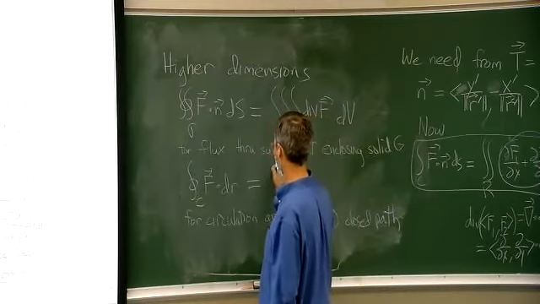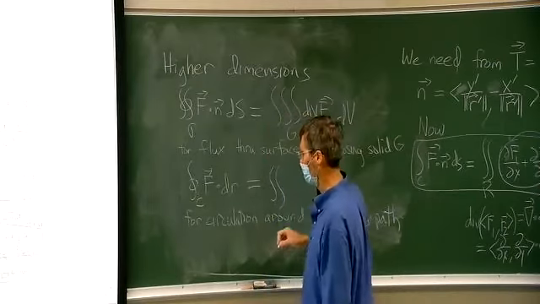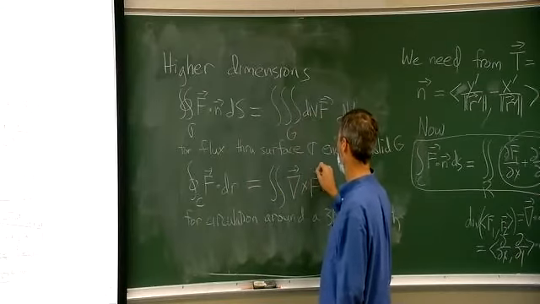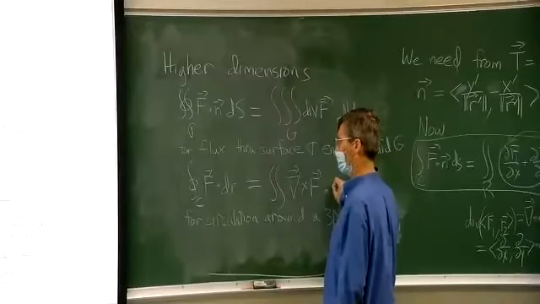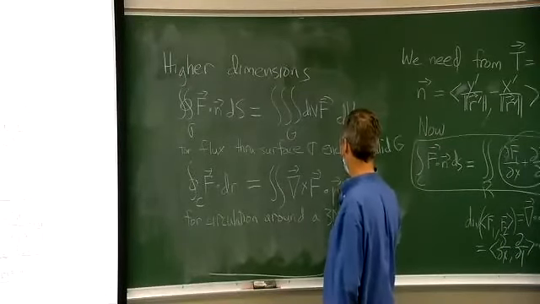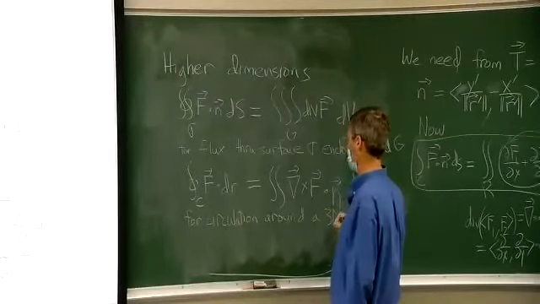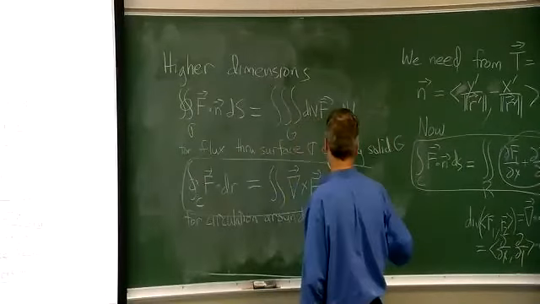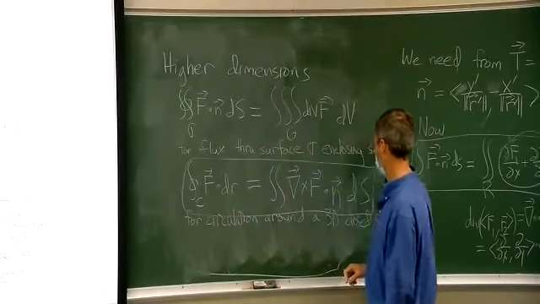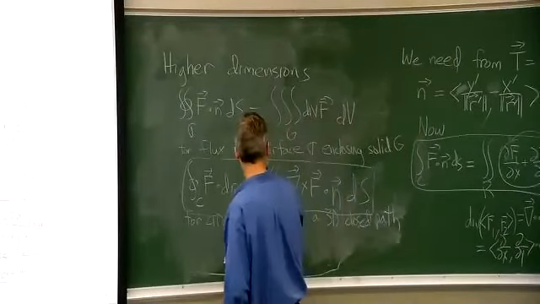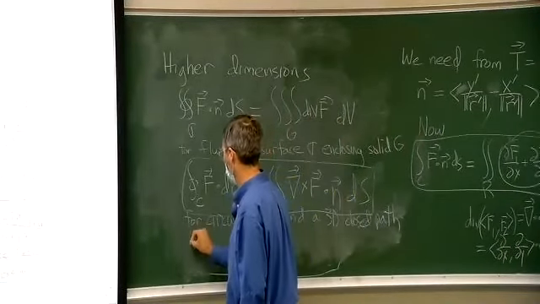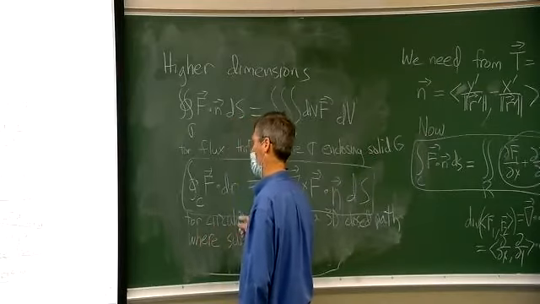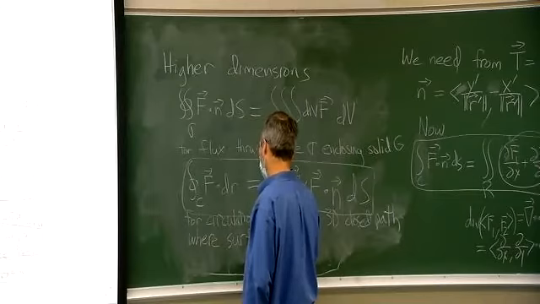You can take the double integral of curl F dot n dS. Again, this is a surface integral, which is the section we skipped, over surface sigma, and you have to go counterclockwise again, by the way, for this to work.